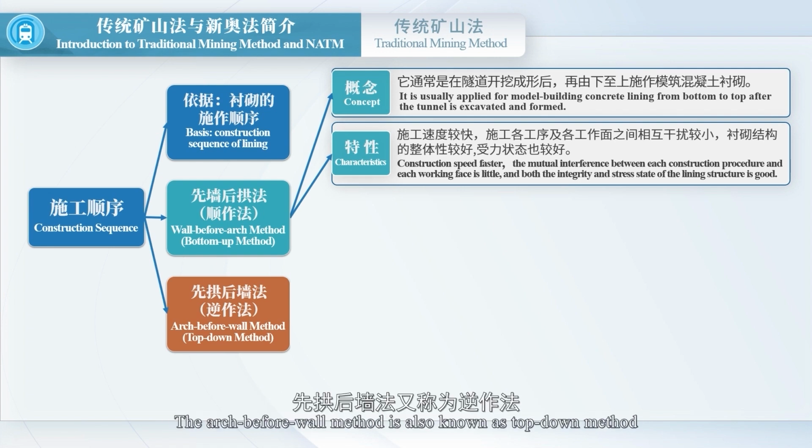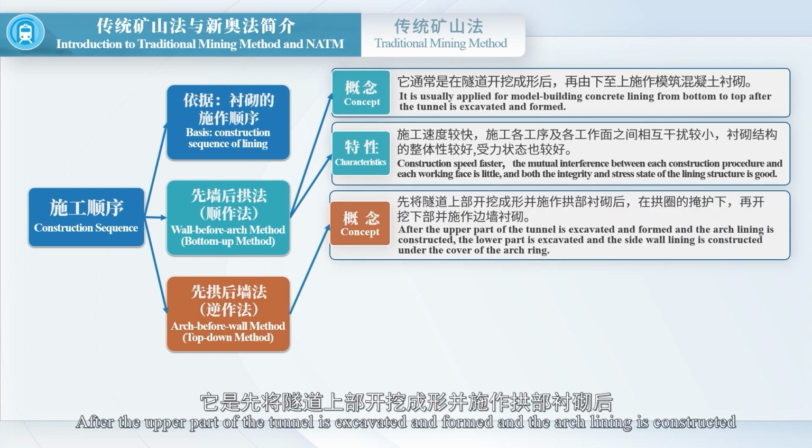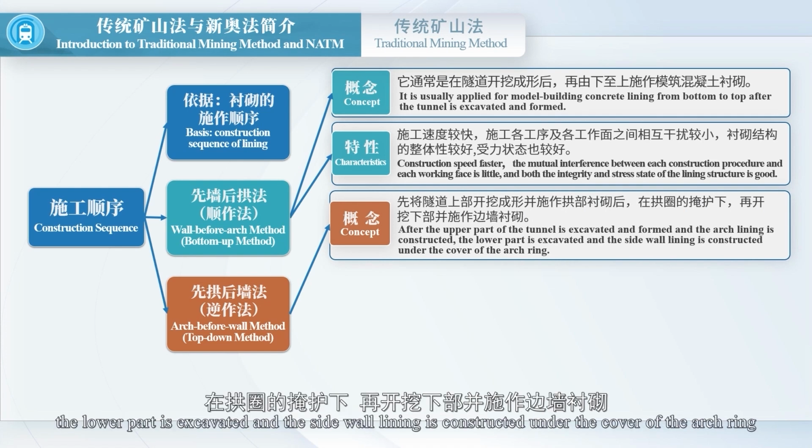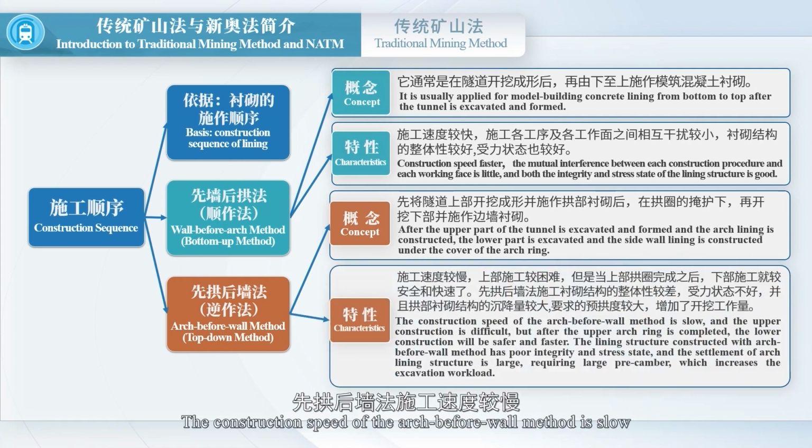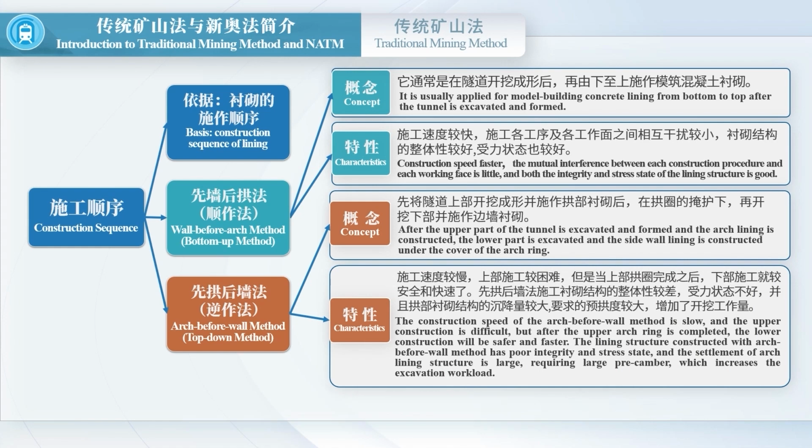The arch before wall method is also known as the top-down method. After the upper part of the tunnel is excavated and formed and the arch lining is constructed, the lower part is excavated and the sidewall lining is constructed under the cover of the arch ring. The construction speed of the arch before wall method is slow, and the upper construction is difficult.